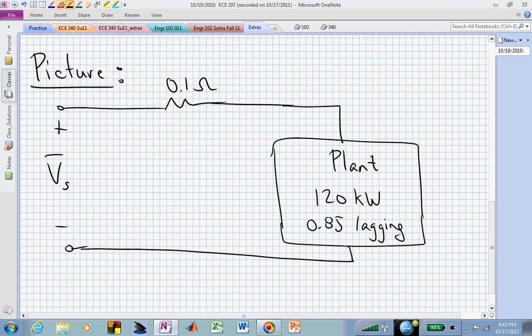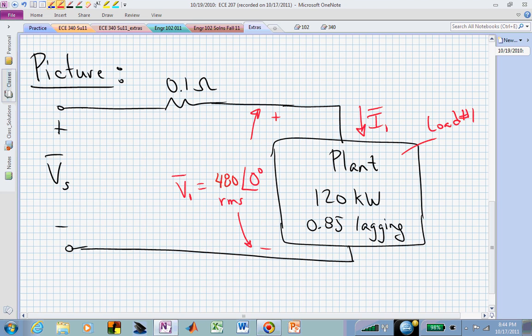Let's say that this is load number 1, and we were told that this voltage was 480 volts at 0 degrees RMS. Let's call this V sub 1, and that's an RMS quantity associated with load 1. We also have a current supplying that load. We could call that I1 bar. These are complex quantities.